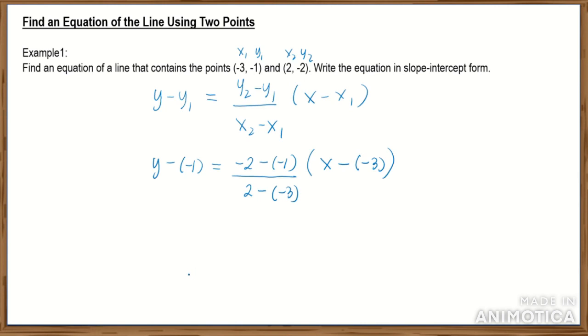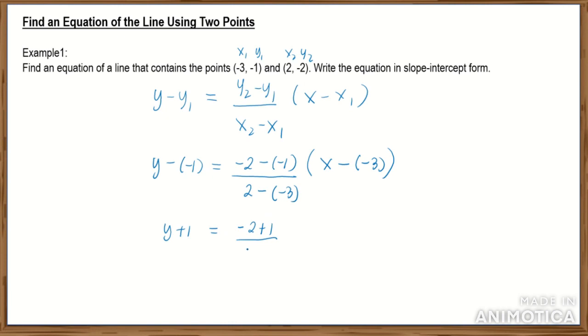Okay? Then we simplify the signs because there are plenty of signs here. So we have y minus negative 1 becomes y plus 1 by, of course, following the rule in subtracting integers. So we have here negative 2 plus 1, negative 2 plus 1.